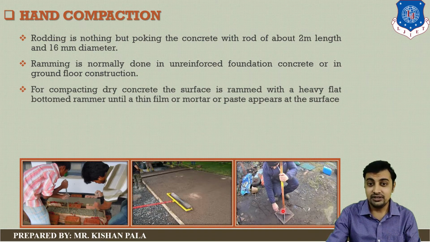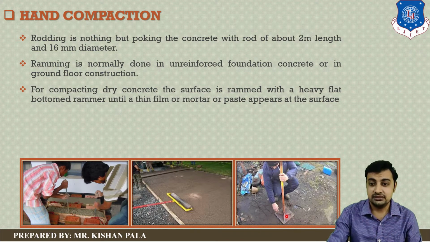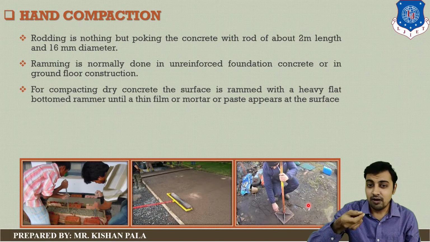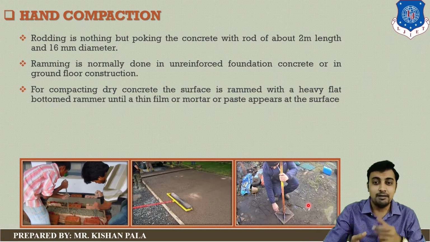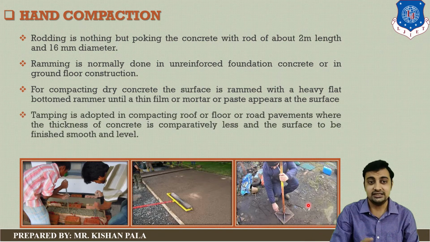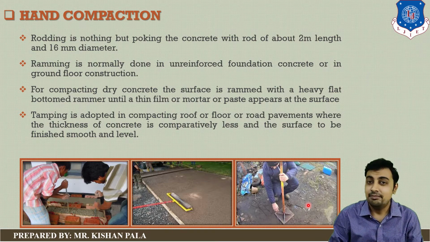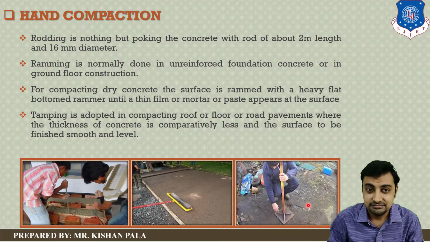The dry concrete surface is rammed, as the third picture shows, with a heavy flat bottom rammer until a thin film of mortar paste appears on the surface of the concrete. So these are the three methods for hand compaction: rodding, ramming, and heavy flat bottom rammers.